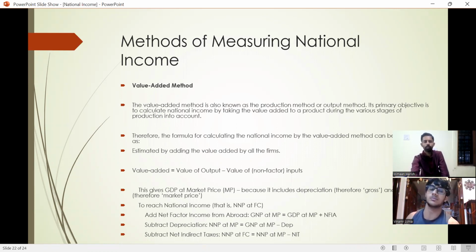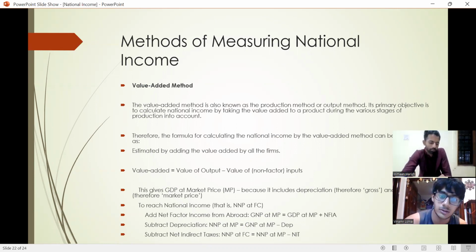That will be done. Last week this presentation had been sent, but there's a slight change in the value added method. So these points have not been looked into yet, actually, because I was studying for the other subjects. I don't think I've even opened them. Okay, fine.